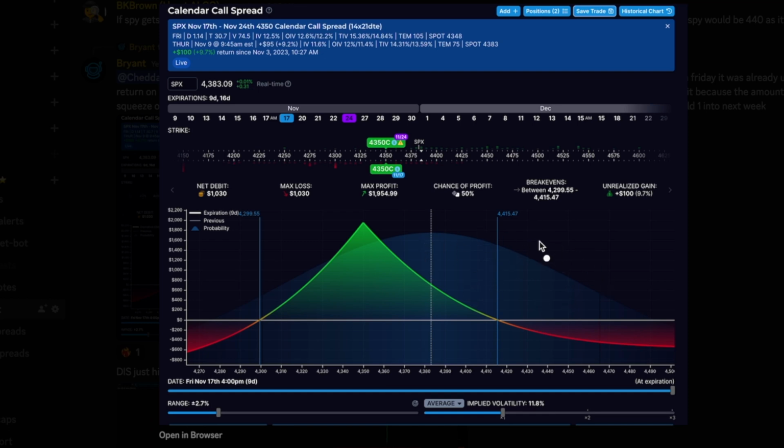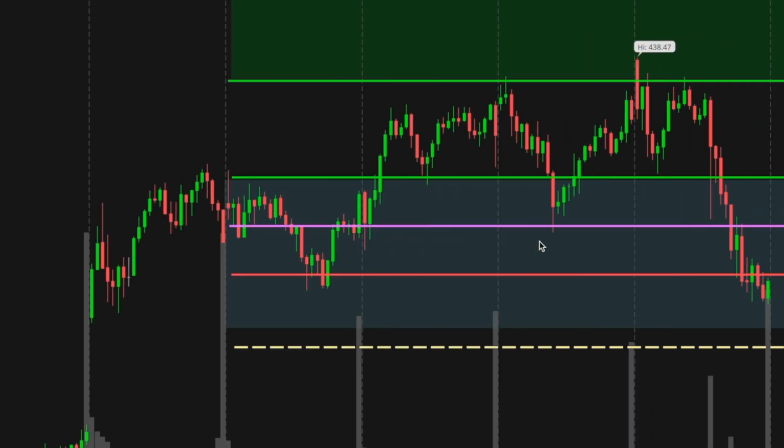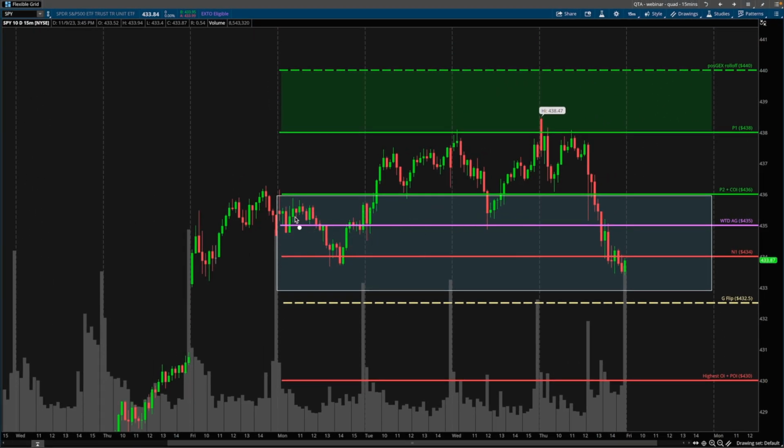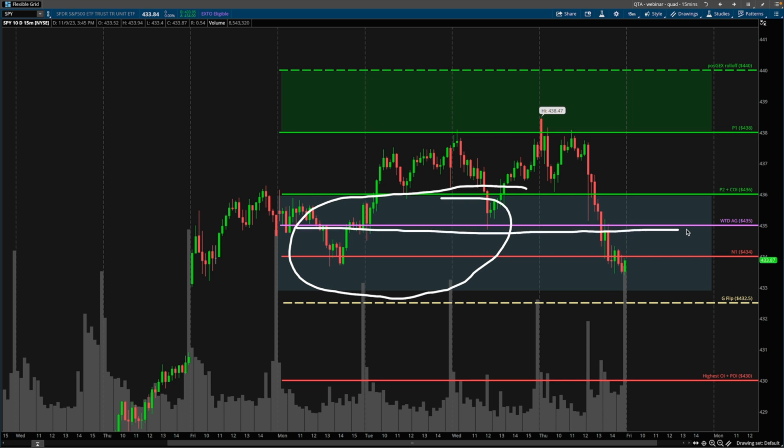So between these two spreads alone, they yielded great results, just expecting price to be choppy in this area. Now, once the week started, on Friday I didn't know this gamma profile was going to look like this, but at the start of the week, once I saw this profile looking like this and I saw all this high open interest in this range, I saw this absolute GEX right here.